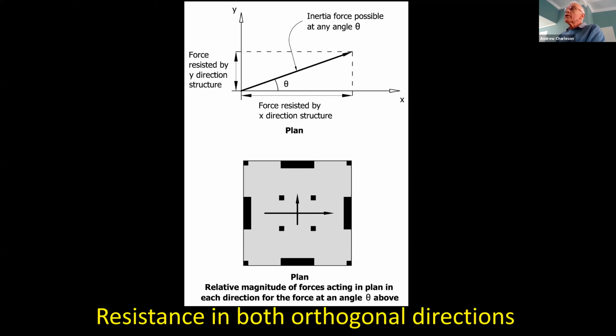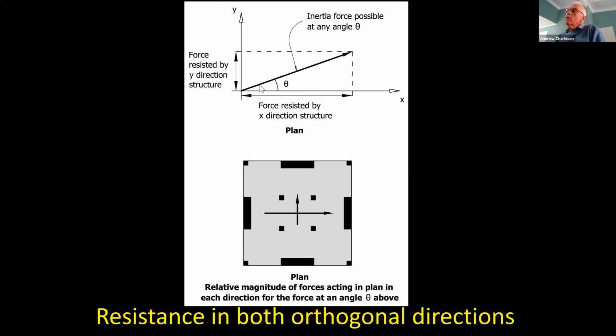And so it is quite simple actually, because if, for example, we have shaking at an angle of theta to the x-axis, this shaking will cause forces of this amount in the x-axis and this amount in the y-axis.